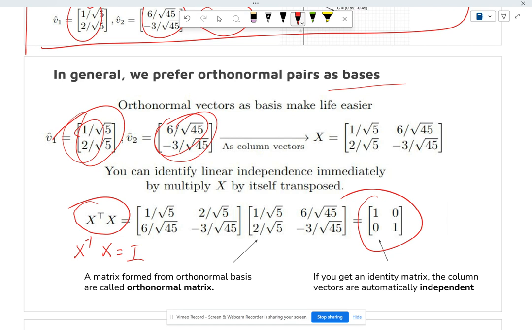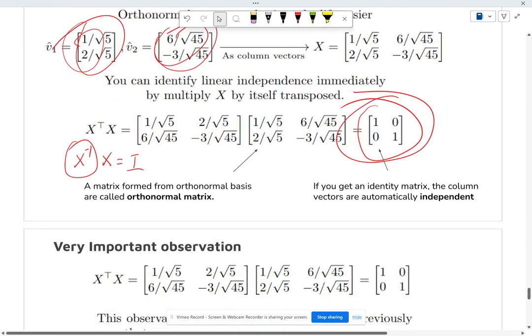That is the interesting part. You can actually use the transpose, and transpose is much easier to deal with than the inverse. So you can just take the transpose of orthonormal bases and then multiply, and you automatically have the inverse. Besides this, it has a lot of other nice properties, but this is one that you should understand.